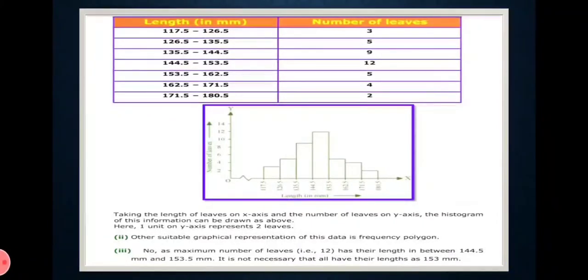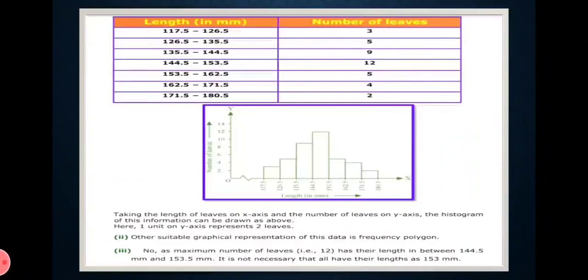So we get the first class interval as 117.5 to 126.5, and the number of leaves, that is the frequency, you write as it is. The second class interval is 126.5 to 135.5, the third 135.5 to 144.5, then 144.5 to 153.5, then 153.5 to 162.5, 162.5 to 171.5, and 171.5 to 180.5.